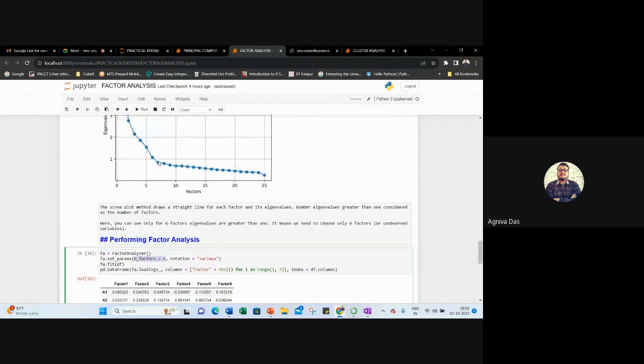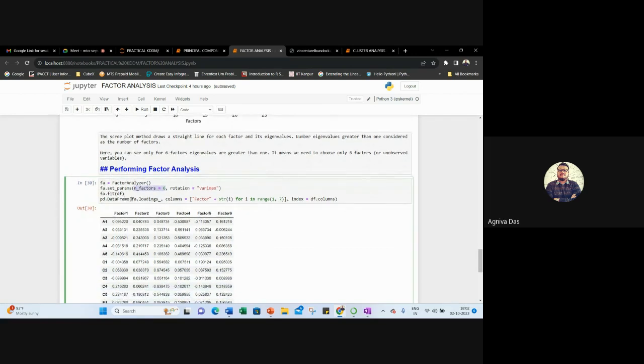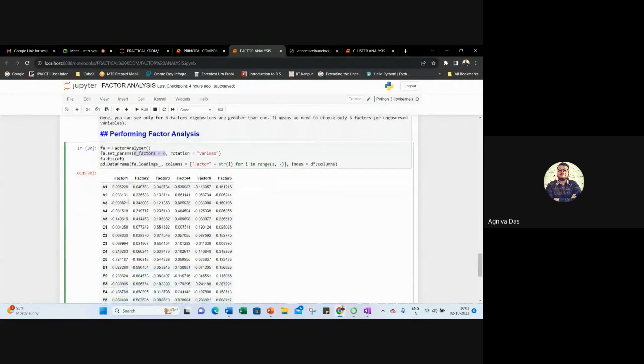Because we are assuming that it becomes linear after 6. So based on that, we will take 6. We can also take 7 if you want. Maybe a little more variability will be explained, but not too much. After that, we fit the data frame to it, and then the data frame comes out like this.